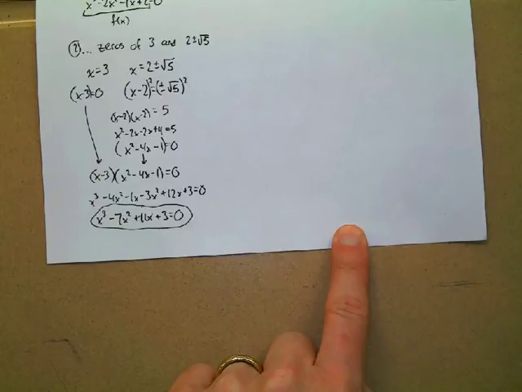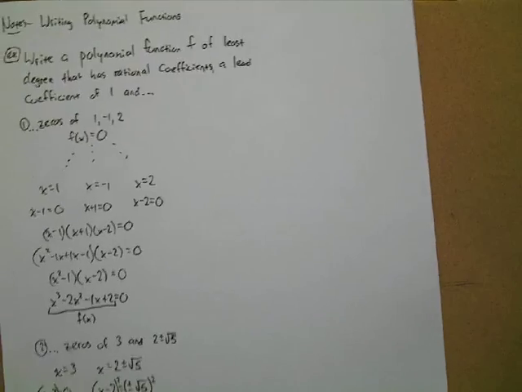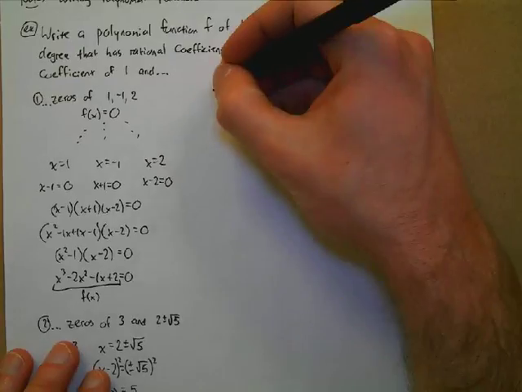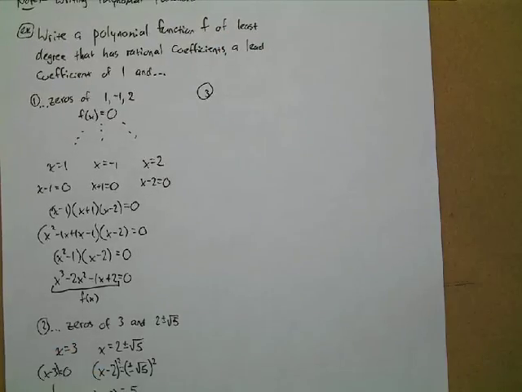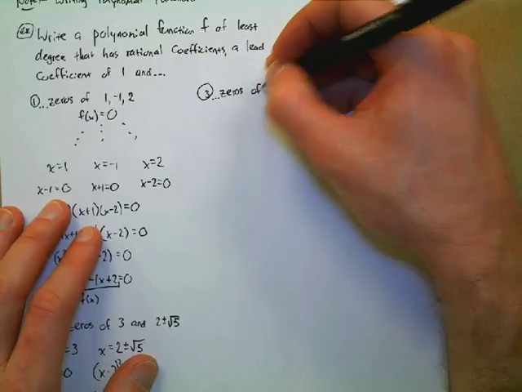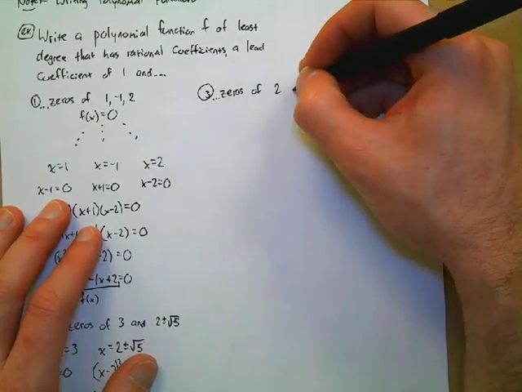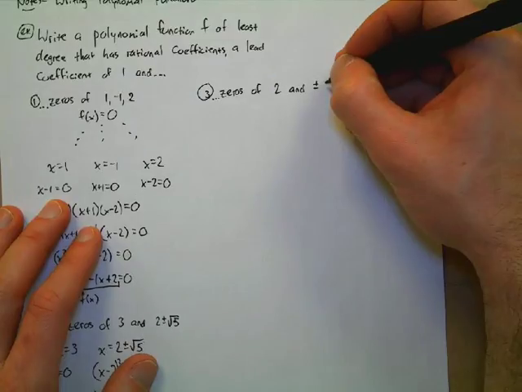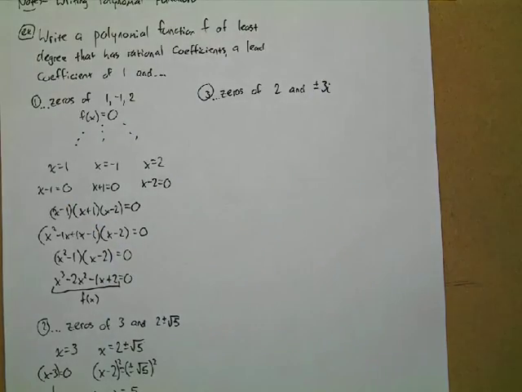Let's say now we've got zeros of 2 and plus or minus 3i.